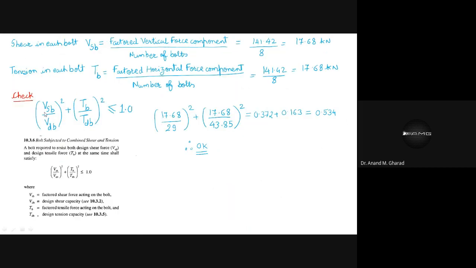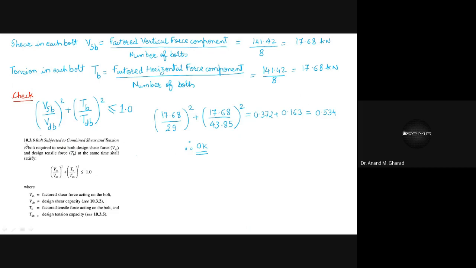The numerator values were remaining, and these can be evaluated by this formulation. It is very simple, right? Then you substitute the values and you will find that the value is less than or equal to 1. Therefore we can say that the complete section 11 bolts are safe in the combined effect of tension and shear.